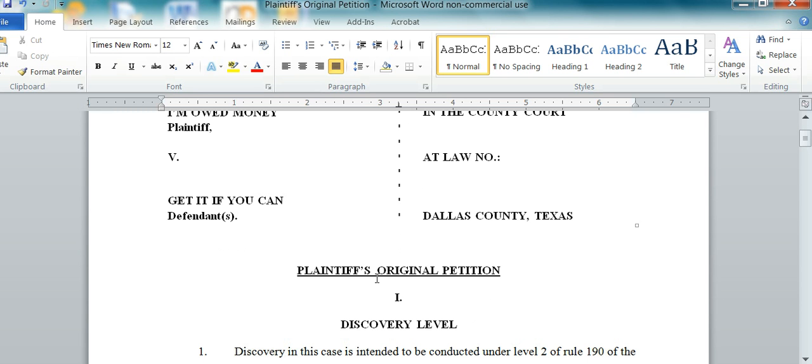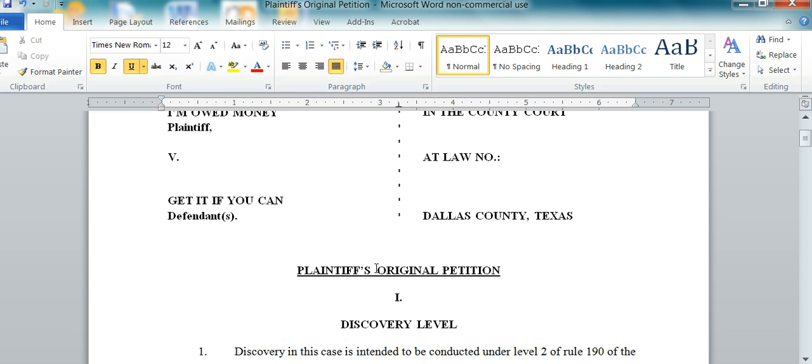The next thing you're going to see is the style of the name of the document. In this case, it's a plaintiff's original petition. So that tells you that this is the document that has initiated this lawsuit.